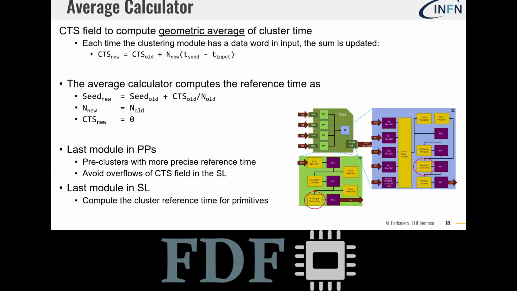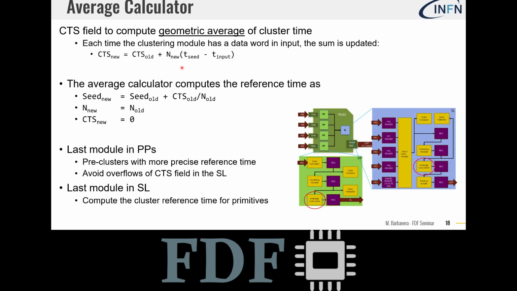So going back to the block diagram, there is the average calculator module, which actually computes the geometric average of the cluster time by exploiting the CTS field, the cluster time sum. All the cells update the CTS field with the thing that we saw before, with an almost geometric average.